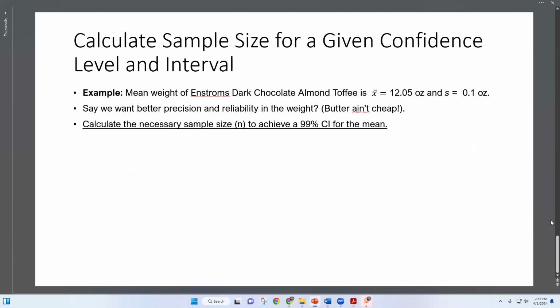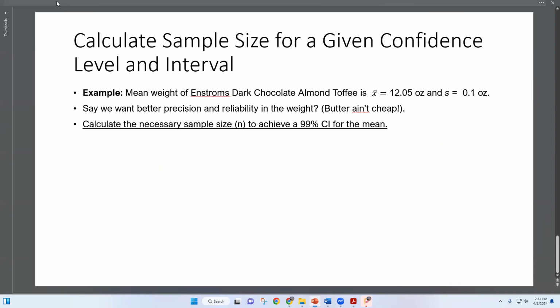All right, let's do one more example for this lecture. So we just calculated a confidence interval for a large sample. Now let's inverse that and calculate the sample size that we need to take for a given confidence level and interval.